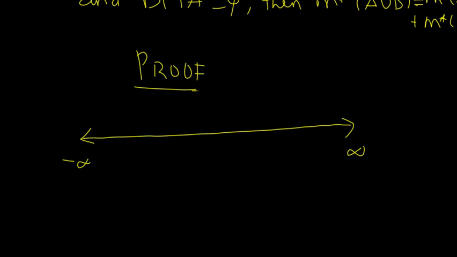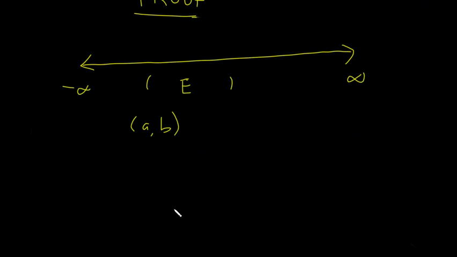So if I'm given any set, if I call this E, if I'm to translate this, E could be, let's say, the interval AB. AB is given as the set of X such that A is less than X less than B. So we are talking of all the values within this set.